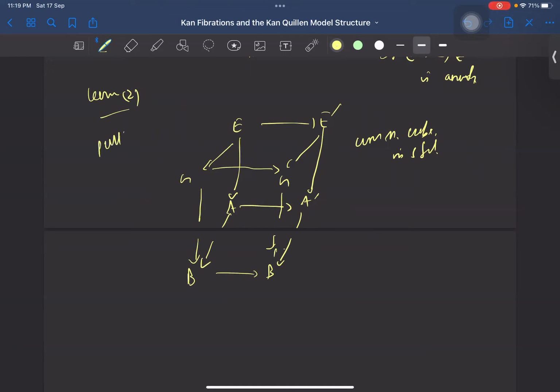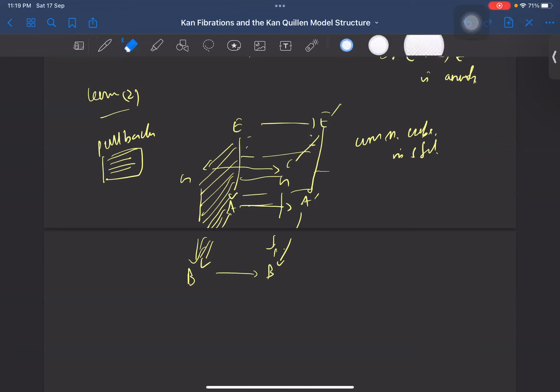So let me denote the pullbacks by shading them. So this is a pullback square, the left one, and the back face. Oh, messed it up. Let me try and use a different color for this one.